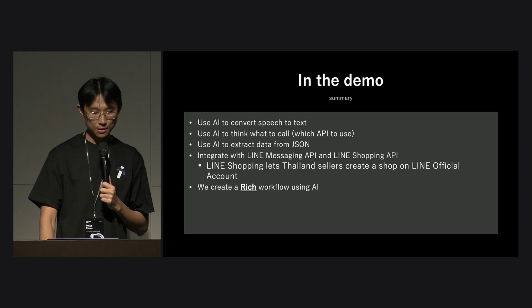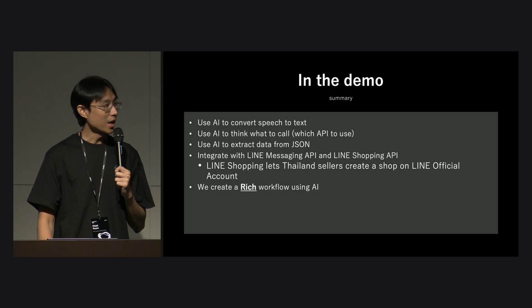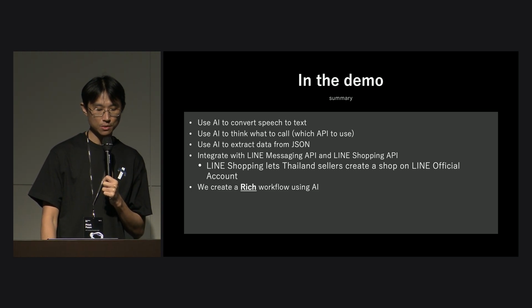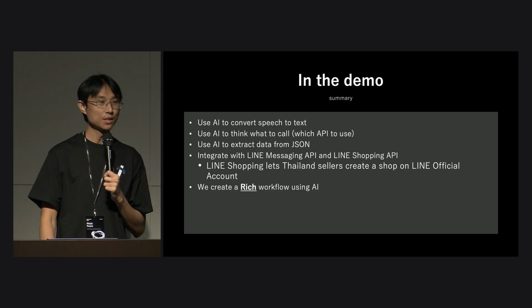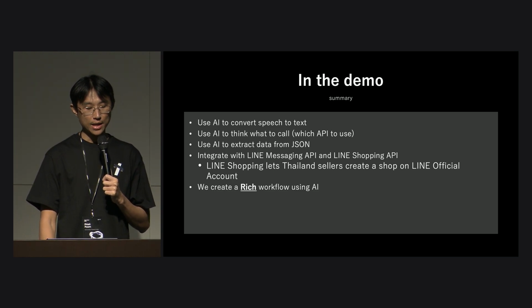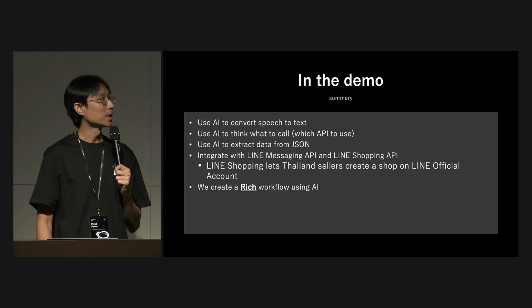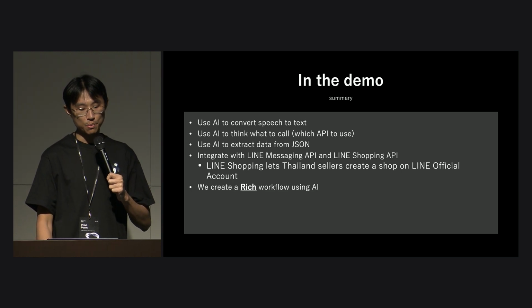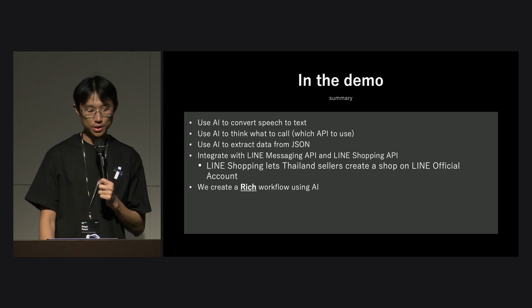So what I've been doing in the demo is, I use AI to convert speech to text, and then I let the AI think what to do, or basically which API to use.